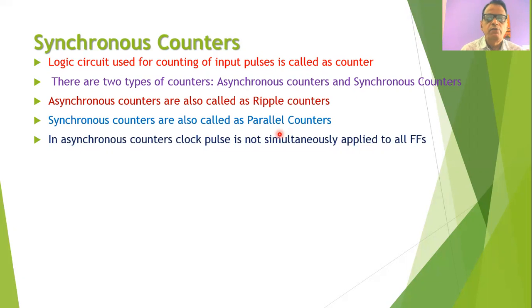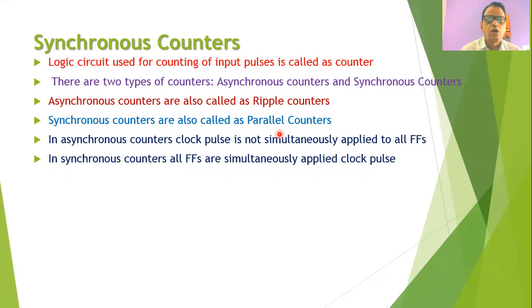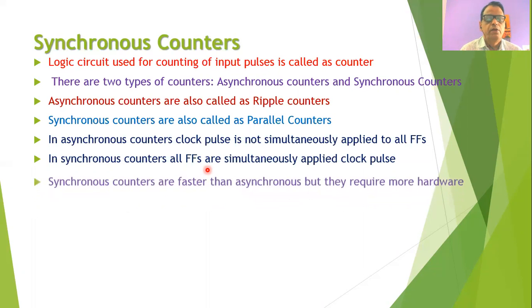In an asynchronous counter, the clock pulse is not simultaneously applied to all the flip-flops, but it is applied only to one flip-flop, and the output of that flip-flop will drive the clock of the next flip-flop. But in a synchronous counter, as the name indicates, all flip-flops simultaneously get a clock pulse, and therefore the state of every flip-flop changes whenever we apply a clock pulse.